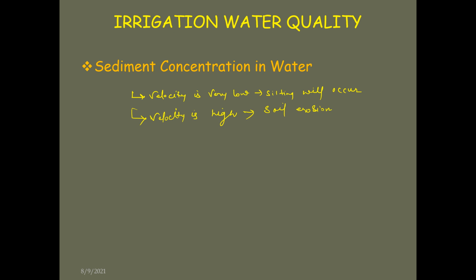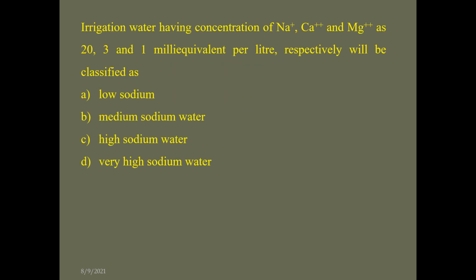It means it can change the properties of the soil, which ultimately affects the growth of plants. So we can say that a higher sediment concentration can create a negative impact on plant growth.